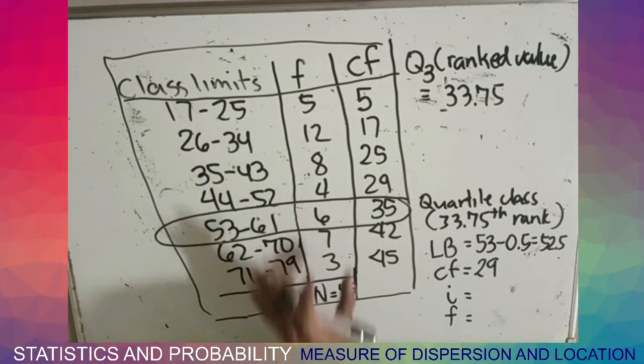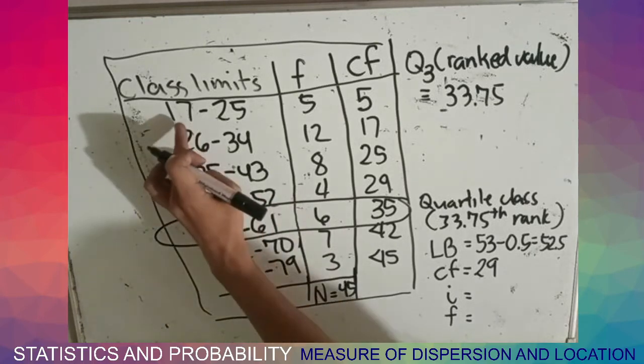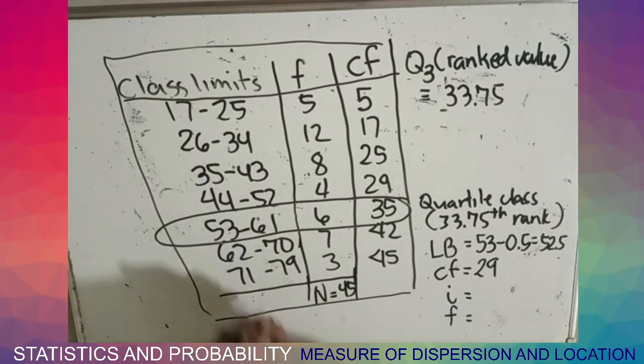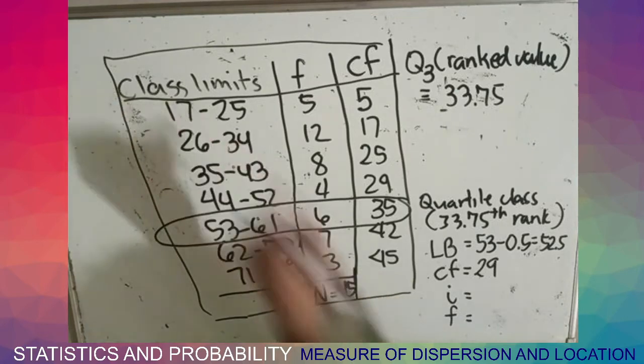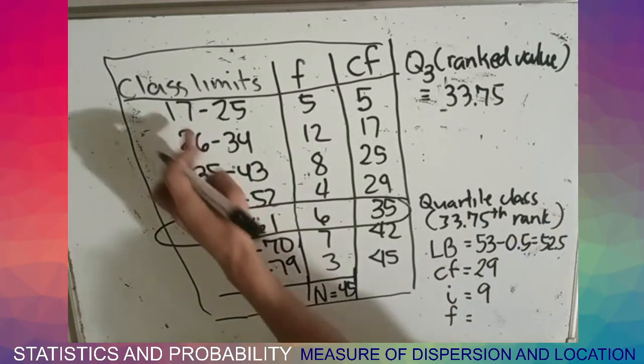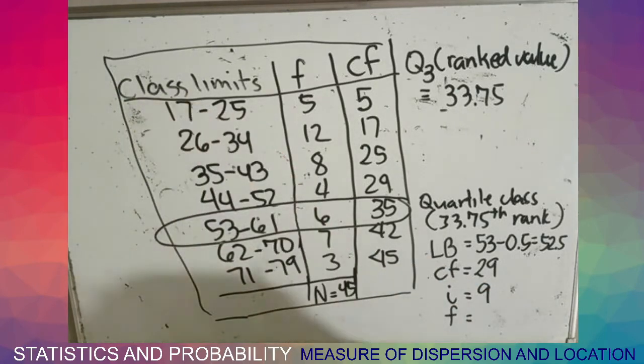Pangkalahatan na siya, kahit saan ka kumuha dito sa class limits, pare-parehas yung interval niya. So, gawin natin, 26 minus 17 is equals to 9. Or bilangin mo yung 17 to 25, ganun pa rin naman ang sagot: 17, 18, 19, 20, 21, 22, 23, 24, 25. So, 9.